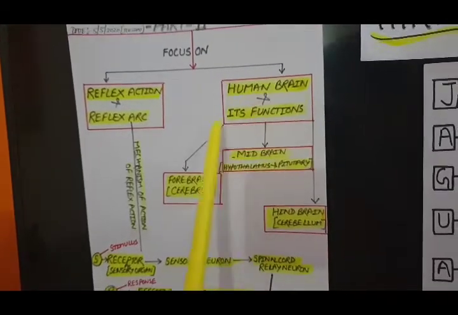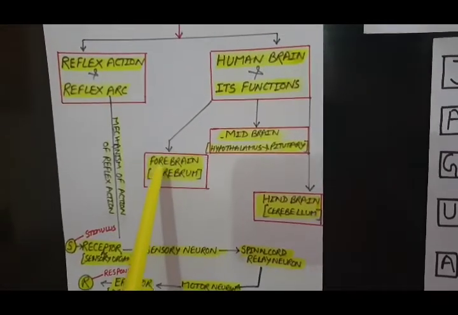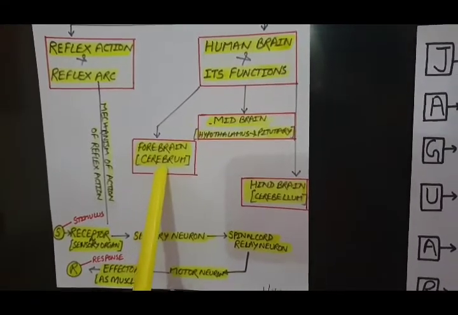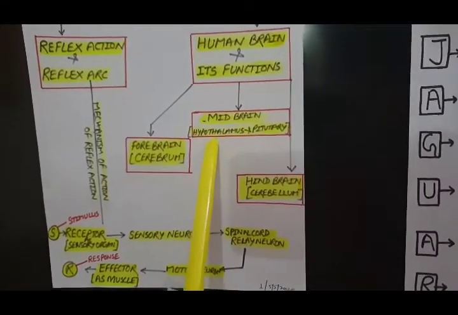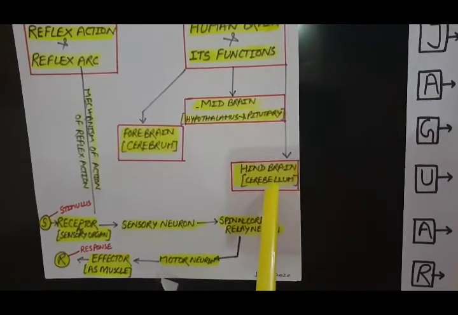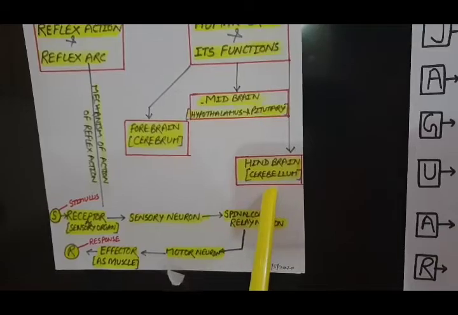In the human brain we will discuss the three different parts: forebrain, that is cerebrum; midbrain, hypothalamus and pituitary; and in hindbrain, cerebellum, pons and medulla oblongata.